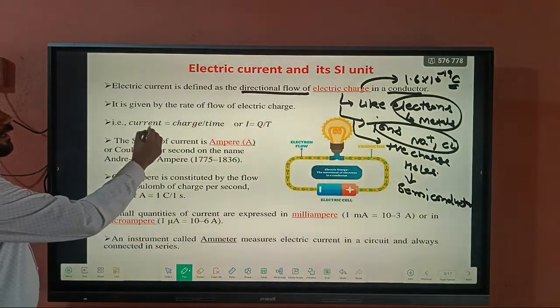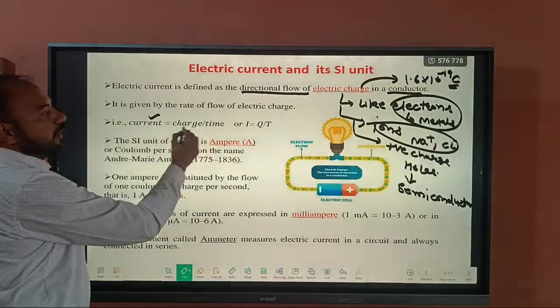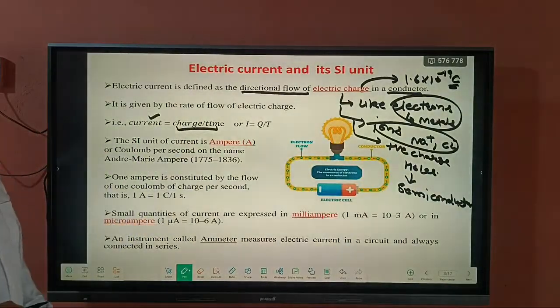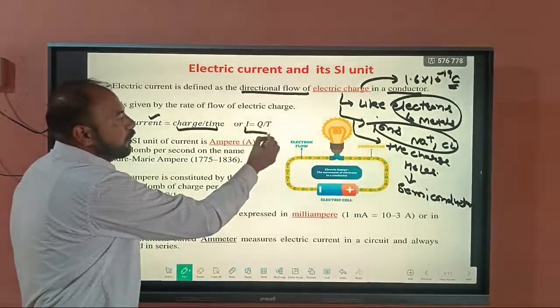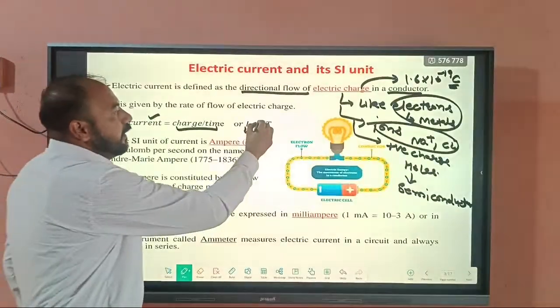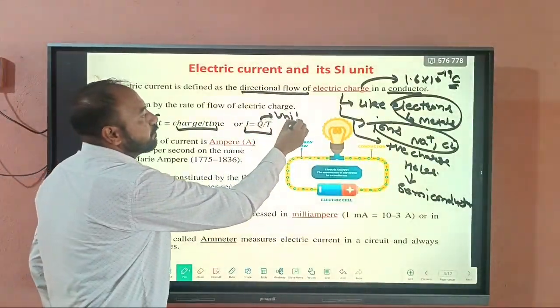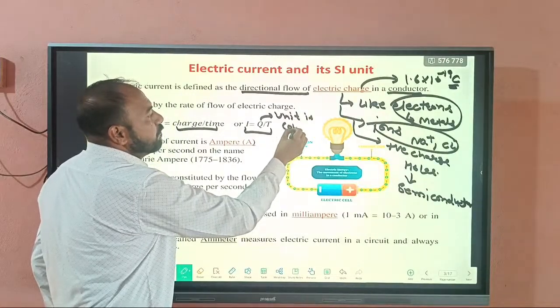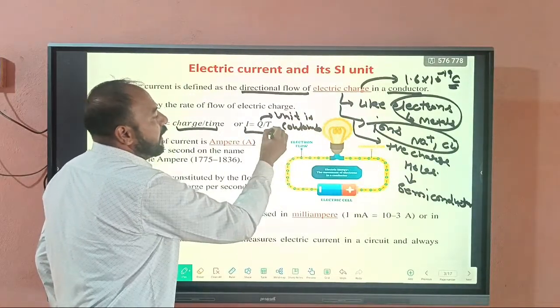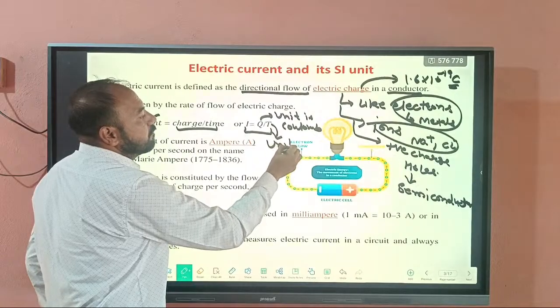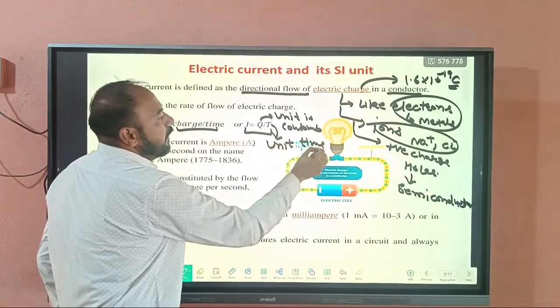The formula of electric current is given by charge per unit time: I = Q/T, where the unit of Q is coulomb and the unit of time is second.